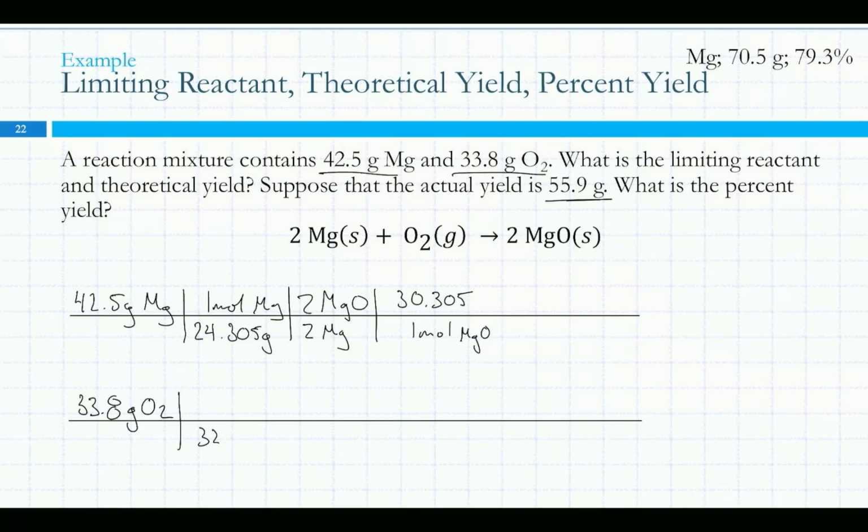This is 32, and 1 mole, and 2 moles. Also, when you do it this way, if you go all the way to grams, then you just get to reuse the same molar mass. So 42.5 times 40.305 divided by 24.305.